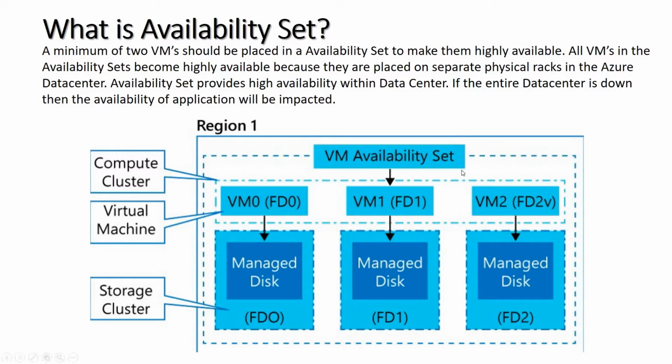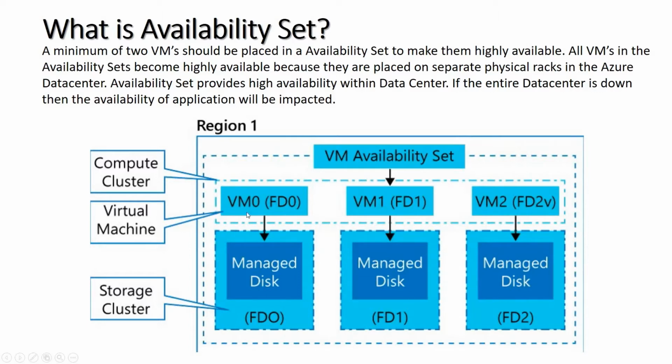In this diagram we can see that this is region 1 and this is the VM availability set. Under the VM availability set, in the compute cluster we can see VM0, VM1 and VM2, and these are all virtual machines. In the storage cluster we can see 3 managed disks.